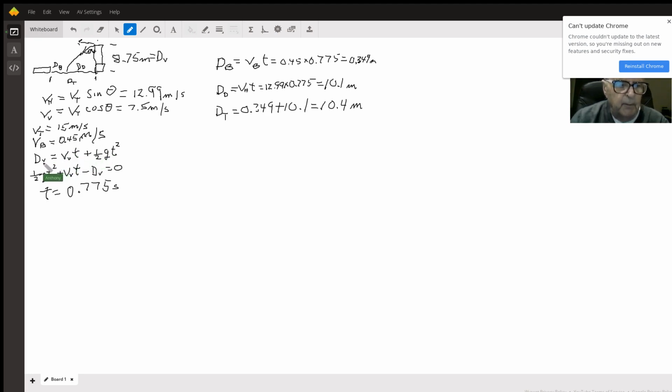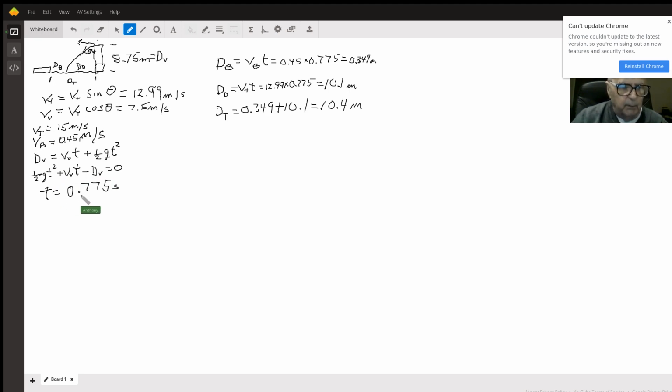So now there's a formula that says this distance d sub V, which we know, 8.75, is equal to the vertical velocity times the time, plus 1/2 g, acceleration of gravity, times the time squared. So this can be rearranged into the quadratic equation, and you could solve this using the quadratic formula.